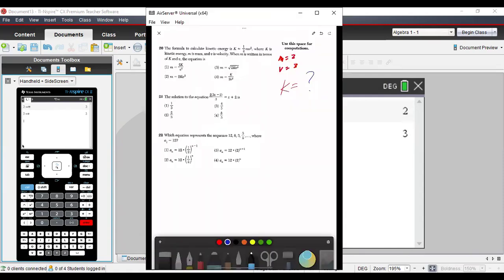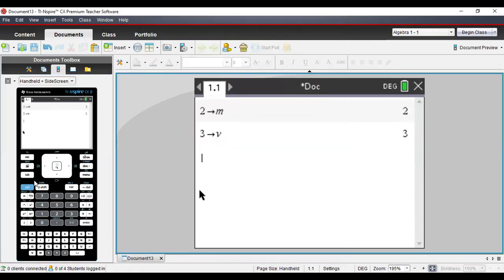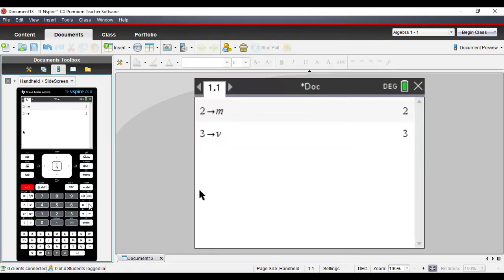Here is what I'm doing. I'm just using that formula, 1/2 times 2 times 3 squared, and I'm going to store that number, whatever it is. It's going to be 9. I'm going to store 9 into K, but I'm going to let the calculator do it because I like to be clean, and I want to make sure I don't make any careless mistakes.